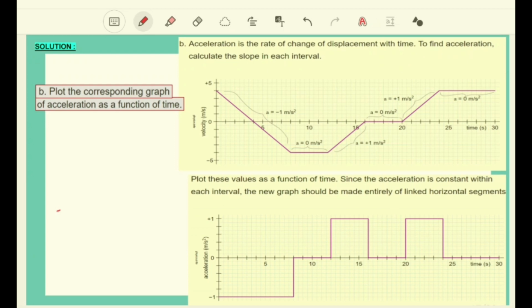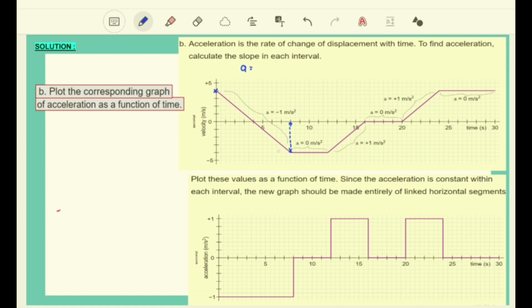Before we start, look at the graph v against t. We need to calculate the gradient of the graph first. Alright, let's start with 0 to 7 second. The gradient of the graph represents the acceleration of the motion, where a is equal to, this is the initial point and this is the final point.